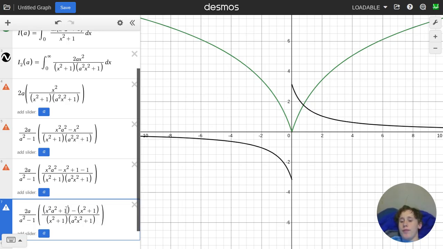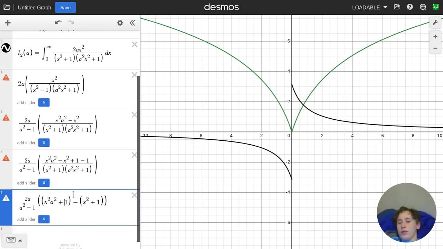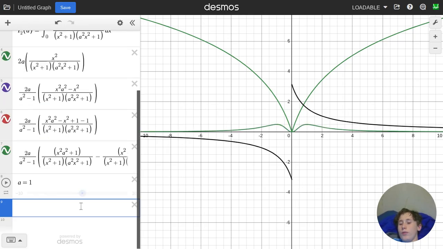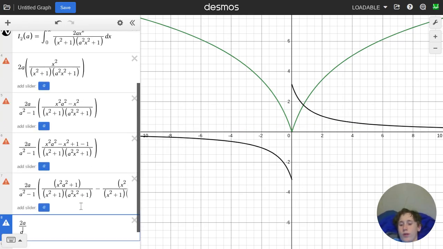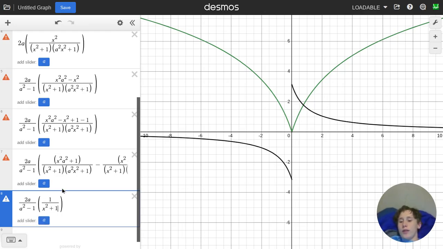And we can just distribute these. So now everything's distributed, which means it becomes 2a over a squared minus 1 times 1 over x squared plus 1, because this term is the same as this term, they cancel out, so it just becomes 1 over x squared plus 1, and then minus, the other one cancels out, so it's 1 over x squared a squared plus 1. Okay, we have this now.